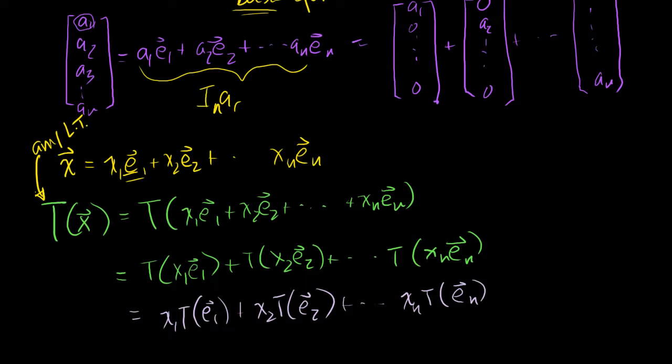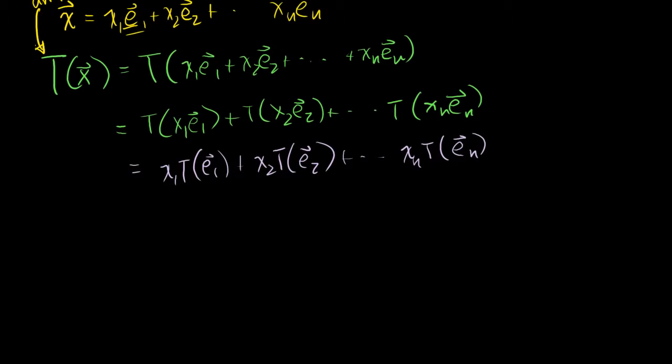Now, what is this? I could rewrite this. So everything I've done so far, the transformation of x is equal to that, using the properties of linear transformations. All linear transformations, this has to be true for them. I get to this, and this is equivalent.